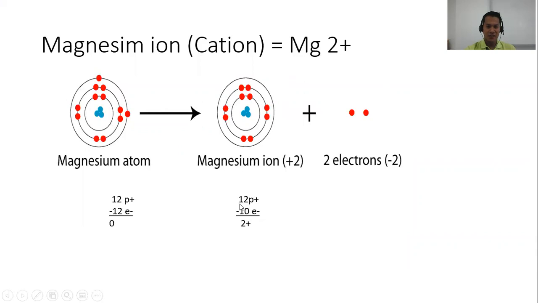Got it? 10 protons will cancel out 10 electrons, so what's left is 2 protons. So this will become 2 plus. And when it's plus, we call it a cation. It's positive. So magnesium 2 plus is the answer. All right? So magnesium 2 plus.